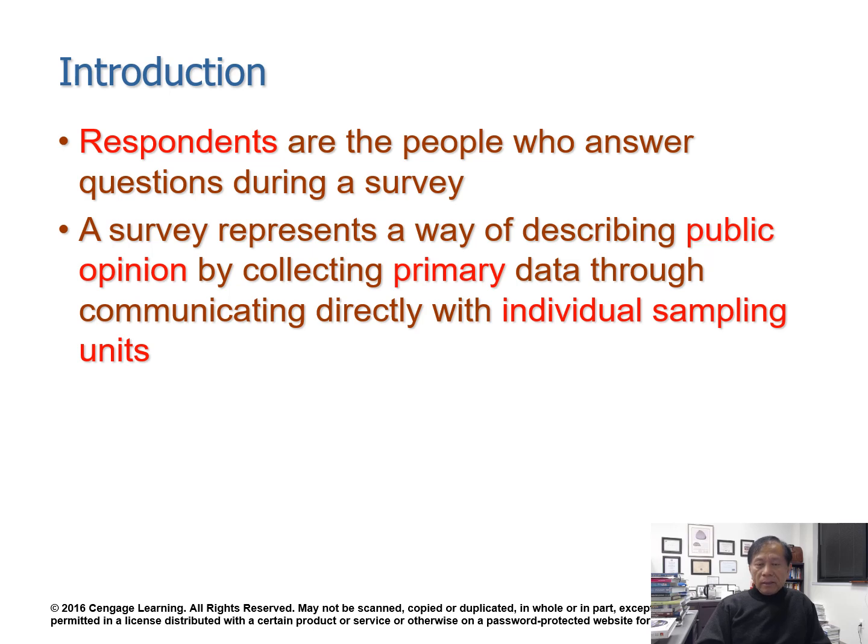And it is primary data. It is not secondary because you are collecting that. It's your primary data. And your sampling unit, in this case, is the individual respondent. You're directly in communication with each and every one of them.